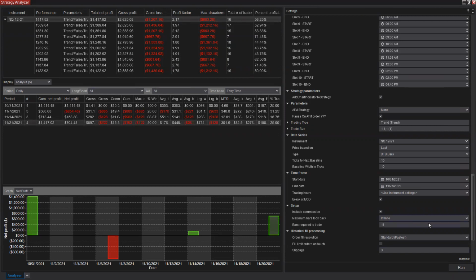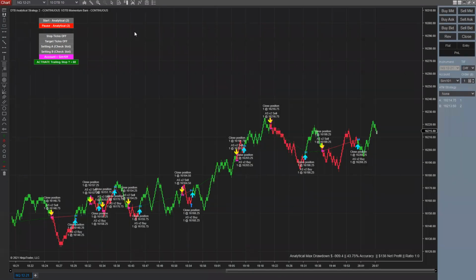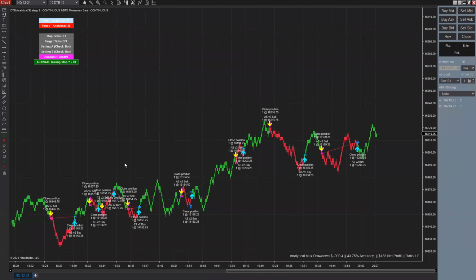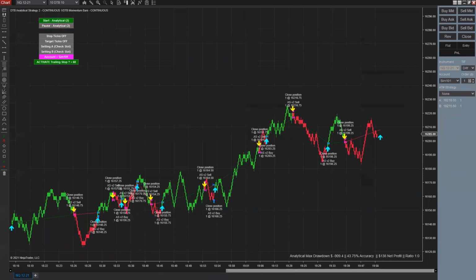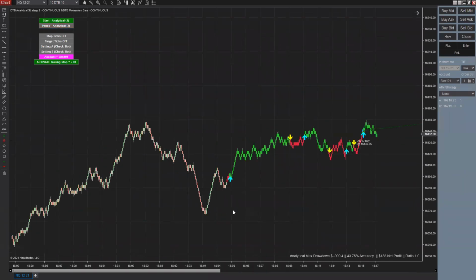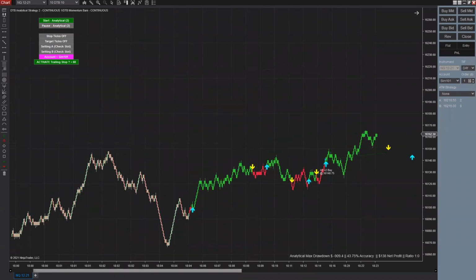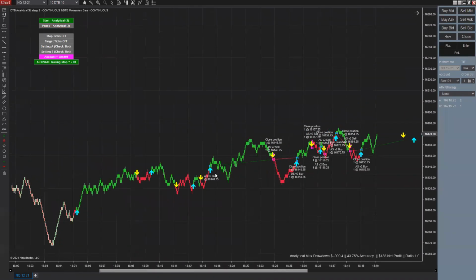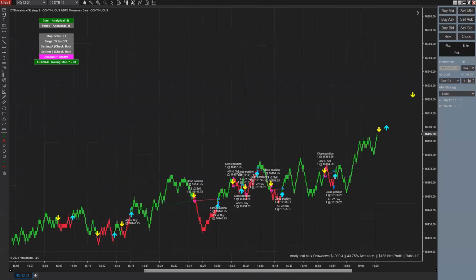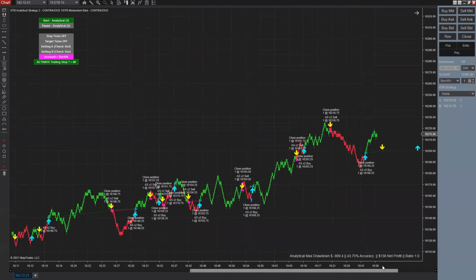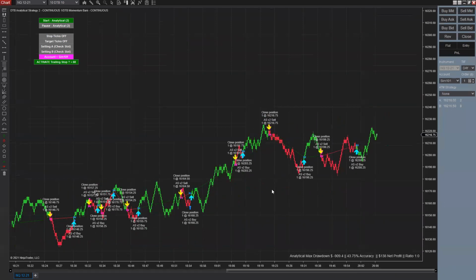So using these exact same settings that have optimized values up until the 27th, we've now loaded that strategy on our trading chart. And currently today, using those exact same settings, the strategy would have entered these specific trades based on the optimization. So those are the trades that the strategy would have entered today.